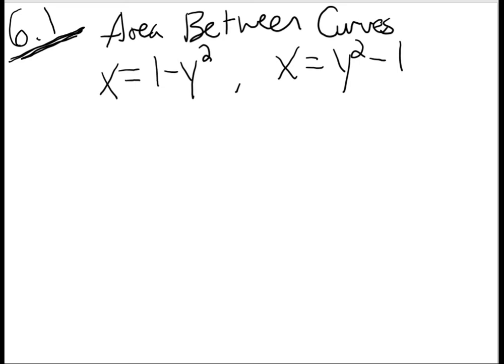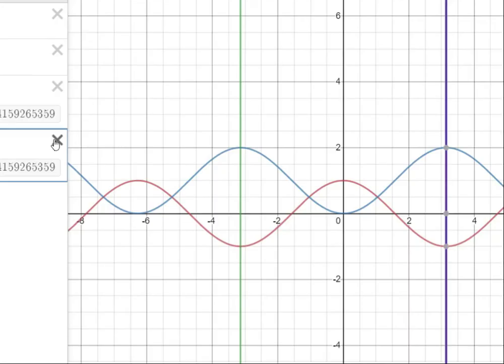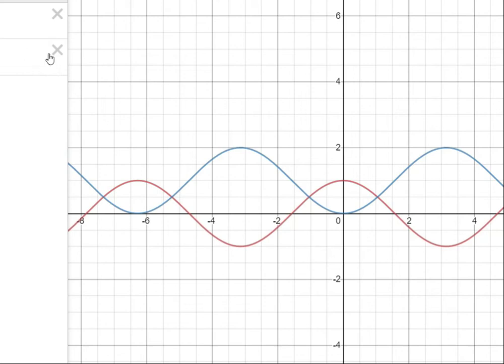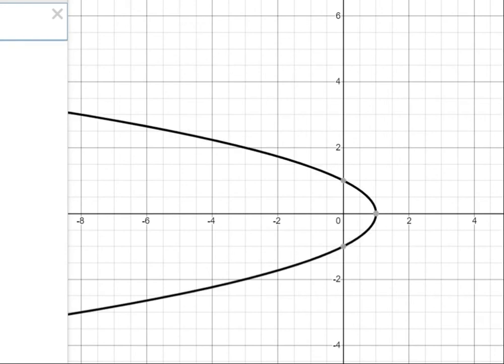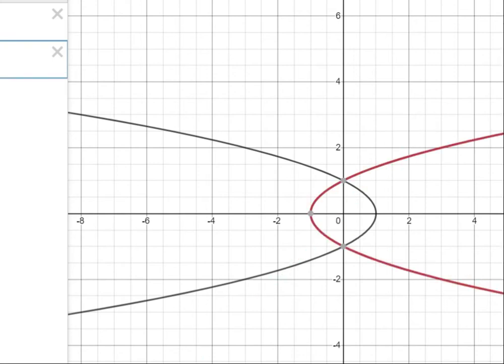So let's switch over to Desmos. Okay, so here in Desmos, let's just clear what we have so far. Now, our functions were x equals 1 minus y squared and x equals y squared minus 1.